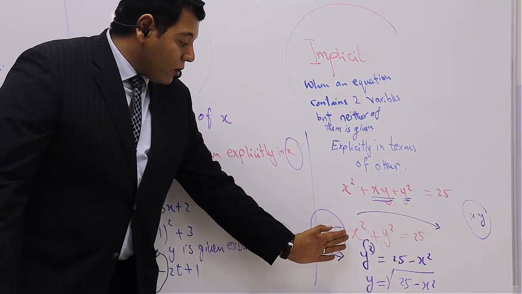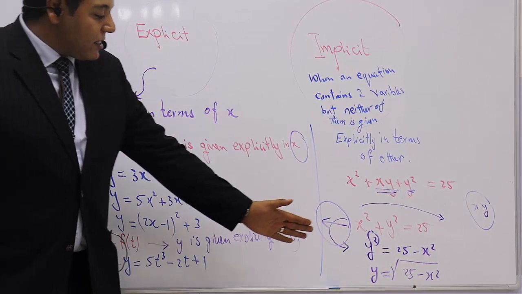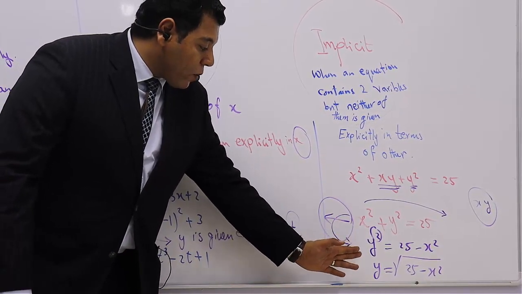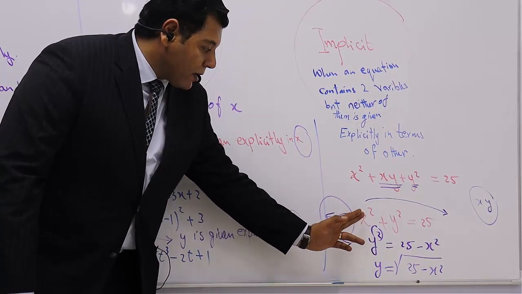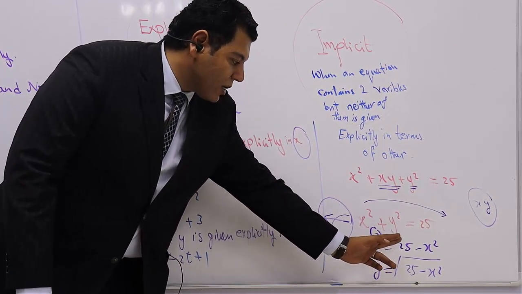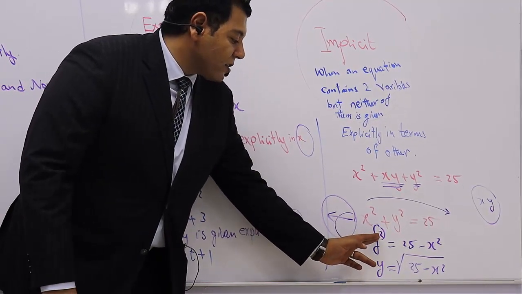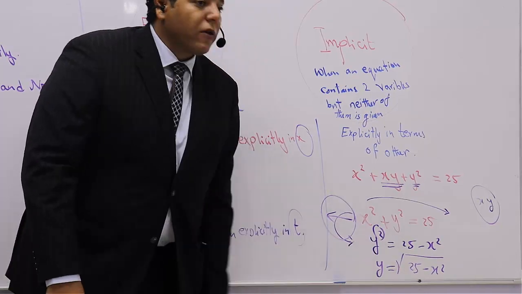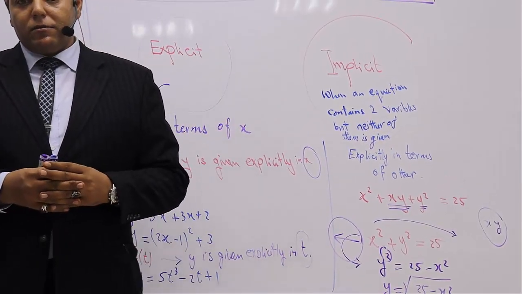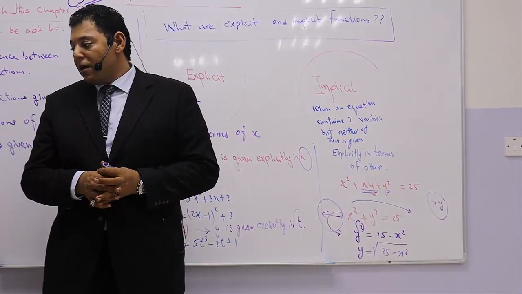Go to the next one, also x squared plus y squared is equal to 25, but this equation I can transform to make y the subject by moving x squared to the other side. It will be y squared equals 25 minus x squared, and to remove the square from y, we just take the square root of both sides. Now our question: how do we differentiate an implicit function?